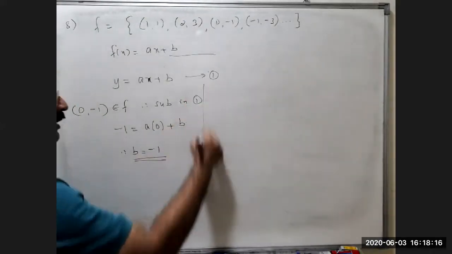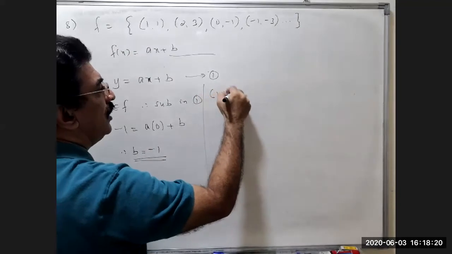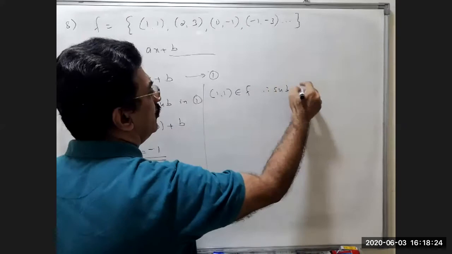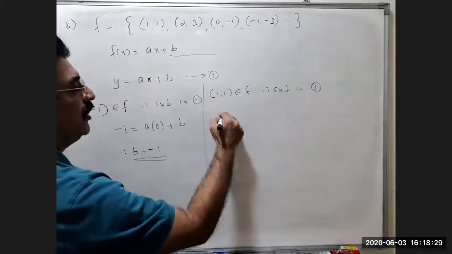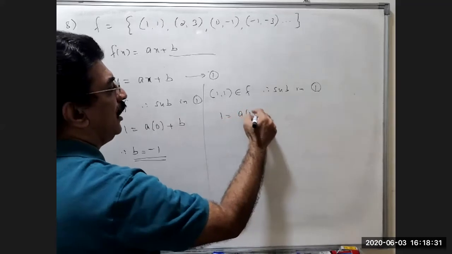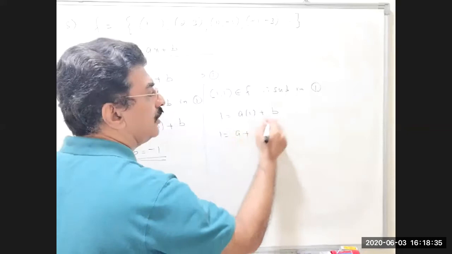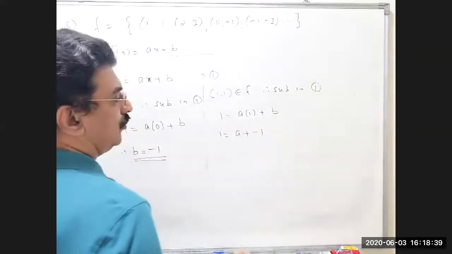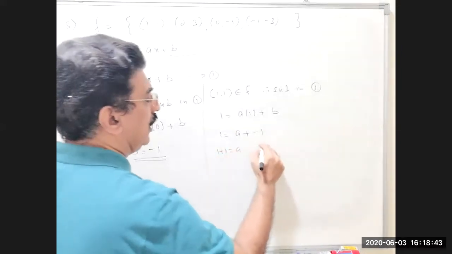Again, the second one, (1, 1). Substituting in 1: 1 is equal to a into 1 plus b. 1 is equal to a plus the value of b we already found. B is minus 1, so 1 is equal to a minus 1. 1 plus 1 is equal to a.